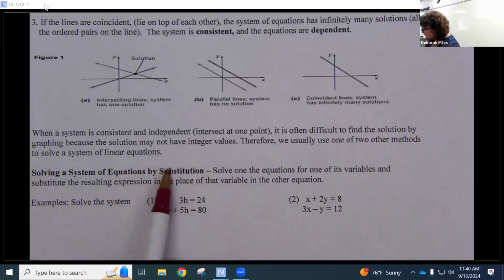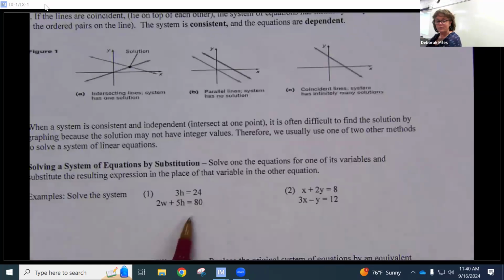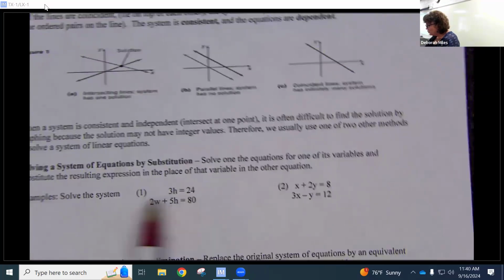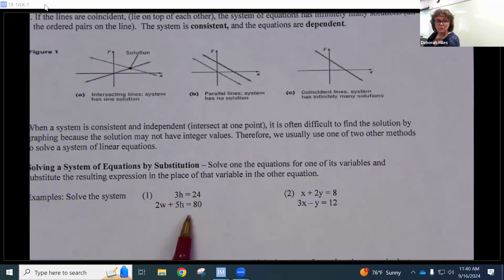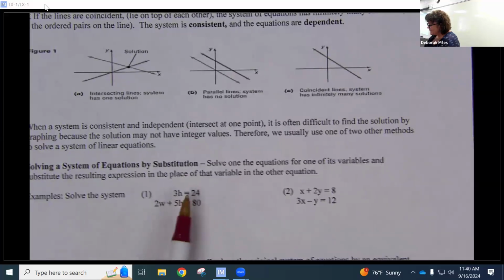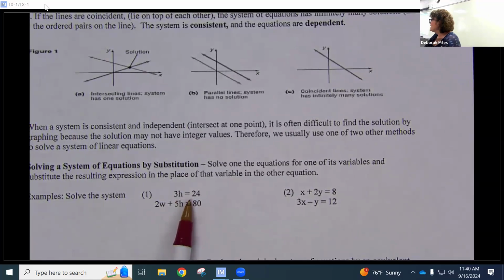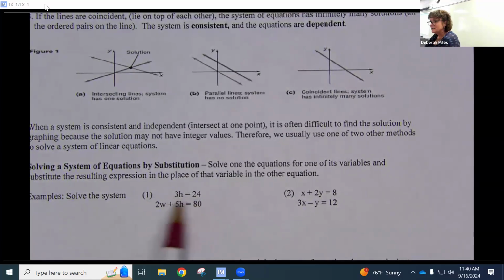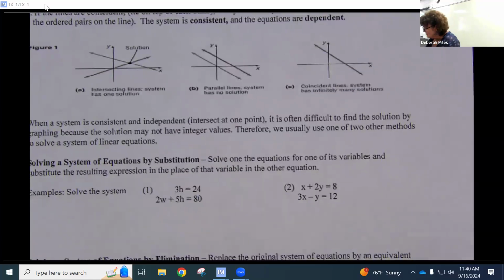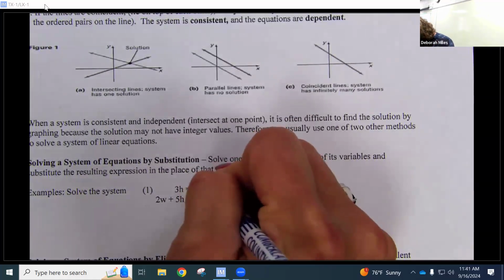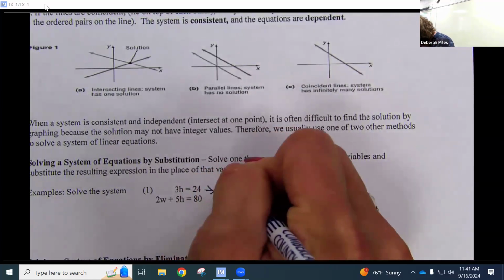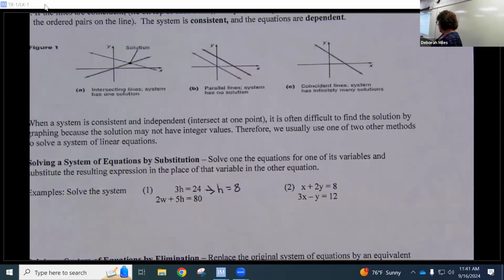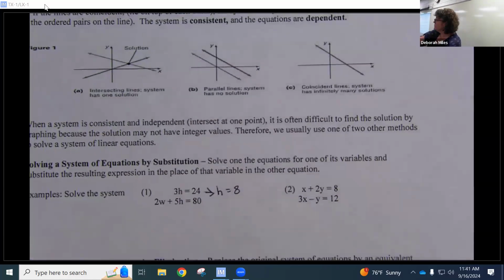To solve a system by substitution, for example, this first example, it has two equations, it has two variables, W and H. The thing is, that first equation only has one variable in it. I can go ahead and tell you what H is. What does H have to be to make that equation true? 8. So I can tell the value of one of the variables without doing any work at all.